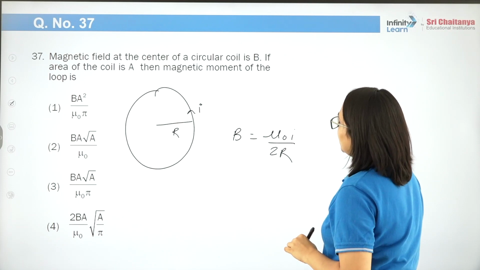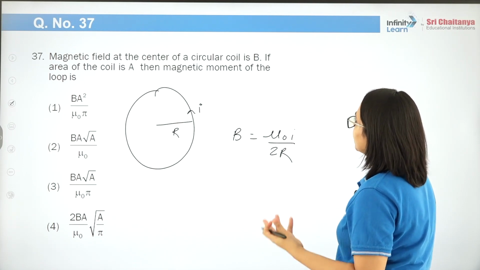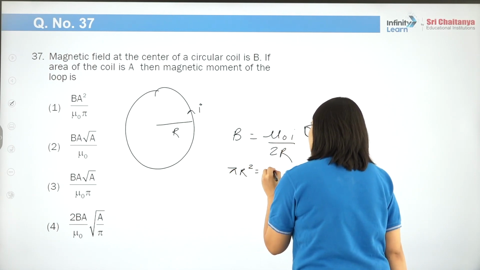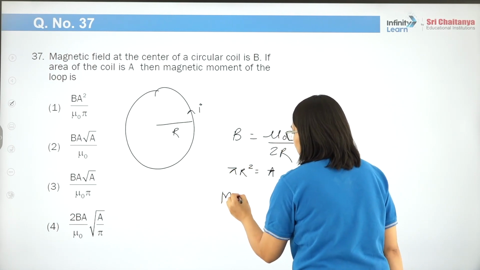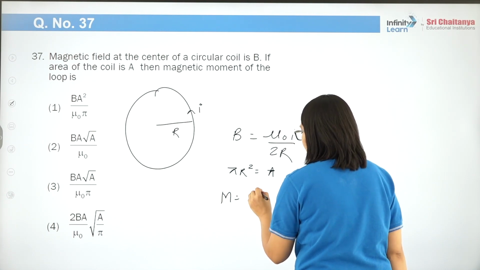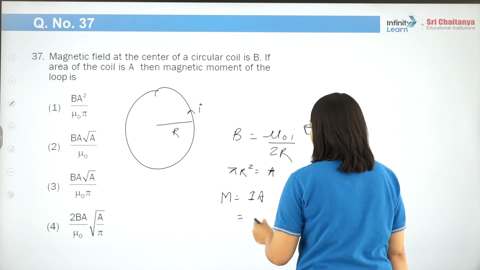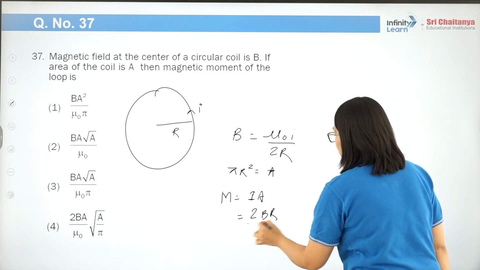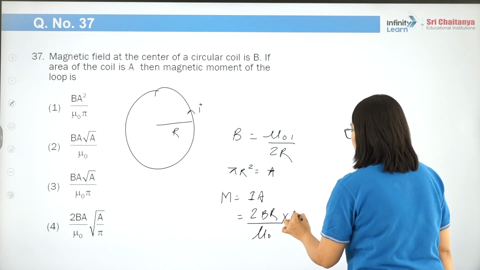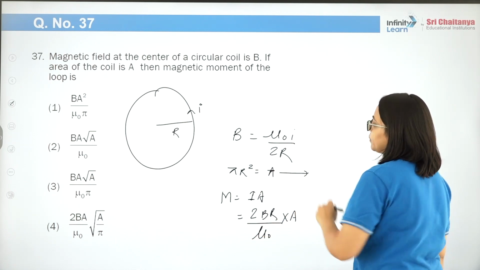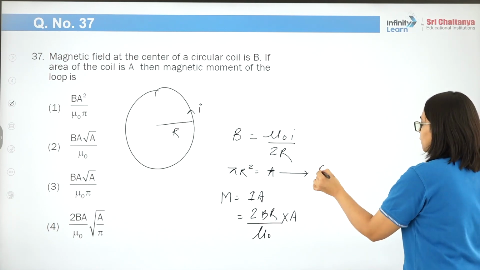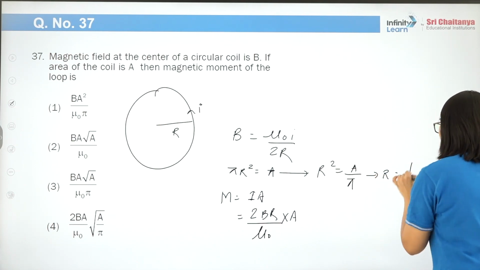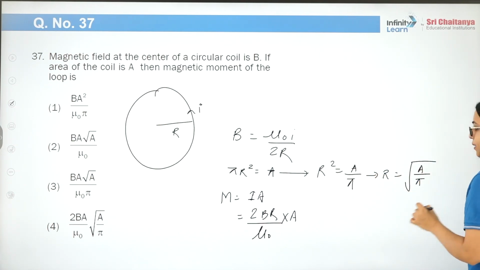If the area of the coil is A, then the magnetic moment of the loop is, so pi r square is A, magnetic moment is I A. You can calculate I from this equation: 2B r divided by mu naught. And you can calculate the value of r in terms of A from this equation. So r square will be A upon pi. So r will be under root A upon pi, right?